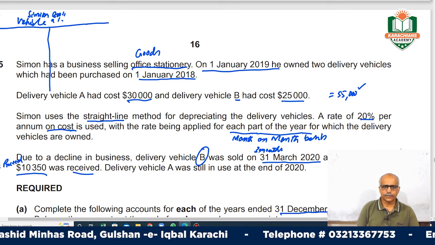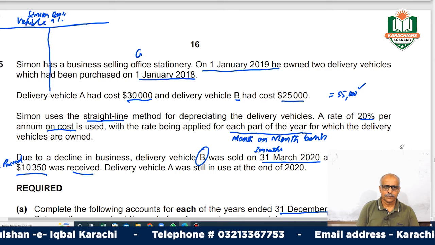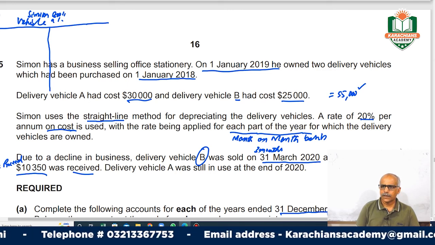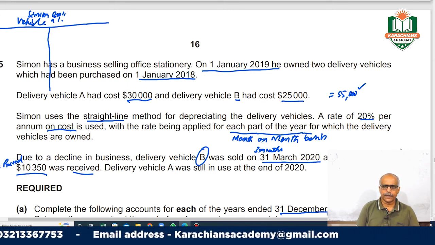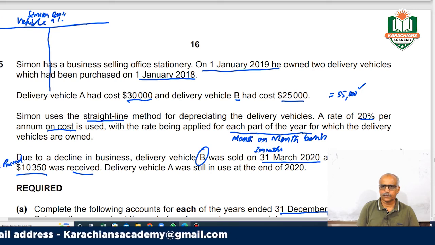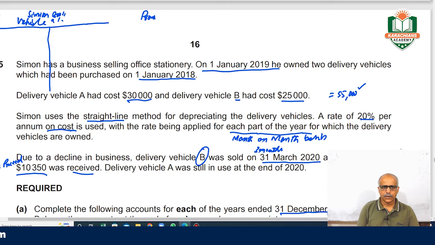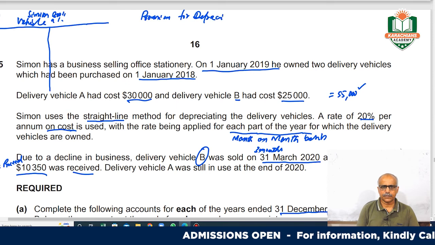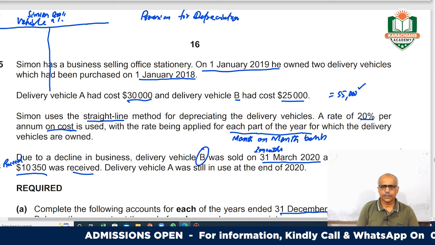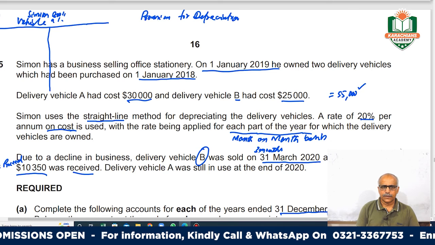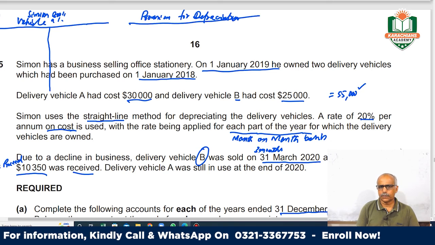Okay, second account that you have to make is provision for depreciation. The provision for depreciation.